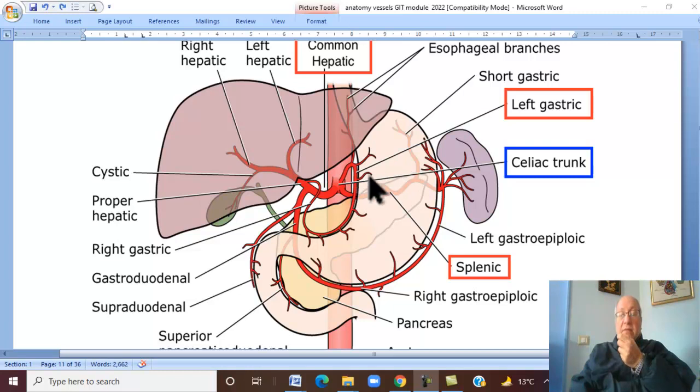This artery supplies the stomach, therefore it is gastric, and because this gastric artery passes on the lesser curvature from left to right, it is called left gastric artery.